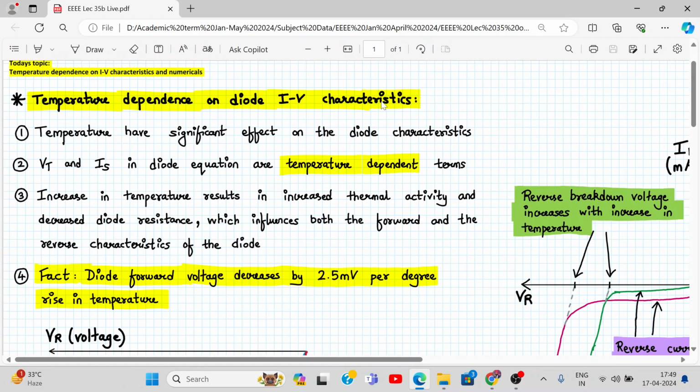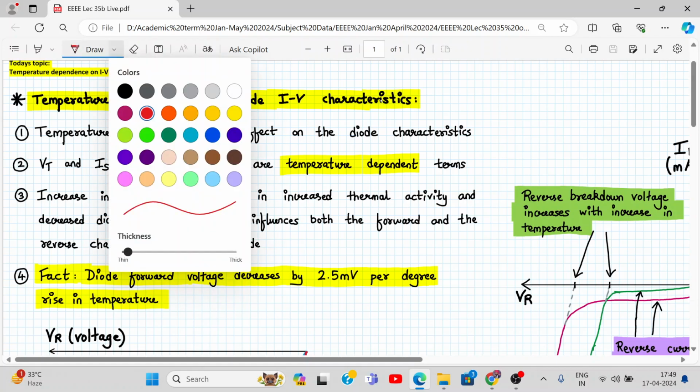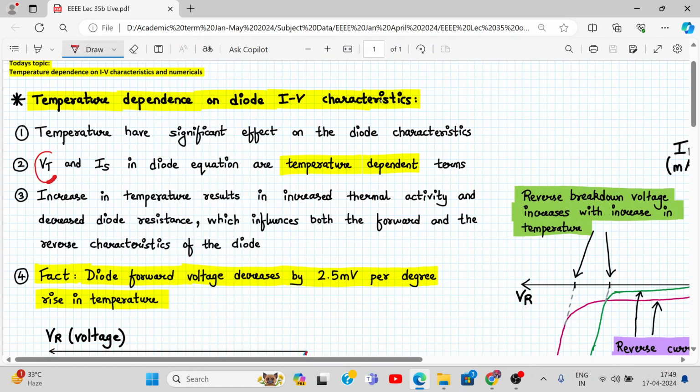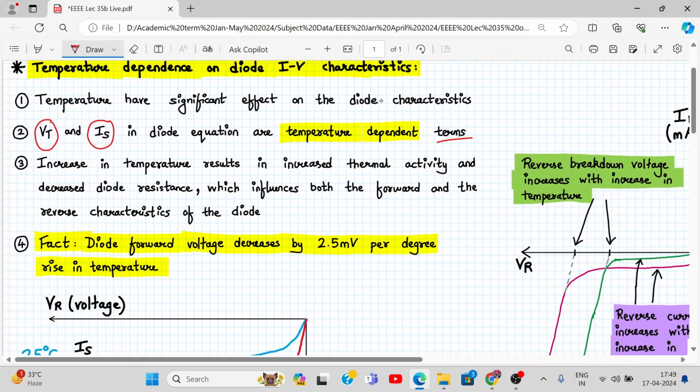VT, thermal equivalent voltage of temperature, and IS, reverse saturation current, are heavily temperature dependent terms. An increase in temperature will result in increased thermal activity inside the PN junction, and that will decrease the diode resistance, which will influence both forward and reverse characteristics.